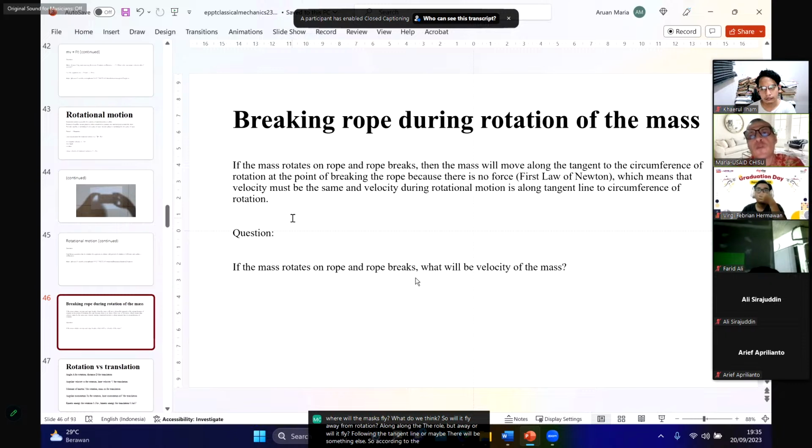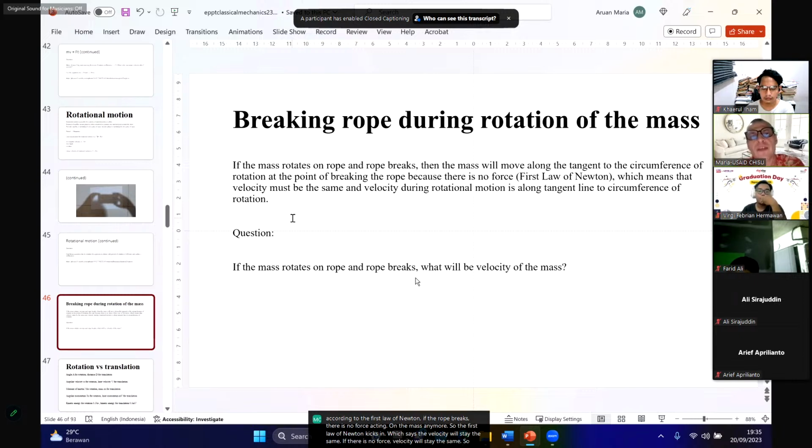So according to the first law of Newton, if the rope breaks, there is no force acting on the mass anymore. So the first law of Newton kicks in, which says the velocity will stay the same. If there is no force, velocity will stay the same.